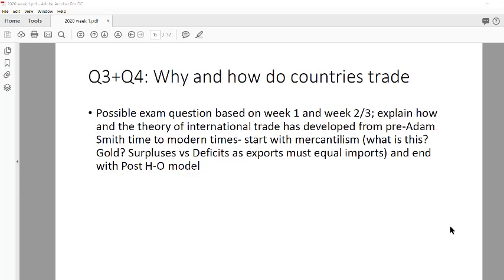As I said, this is a form of a possible exam question, giving the historical changes and why changes would have occurred between models, starting at when there wasn't a model existing, when there was a philosophy of mercantilism, and then maybe discussing why Adam Smith came along, why he gave his concept, and then moving on to why Ricardo came along, why he introduced his model based on what the deficiencies are, maybe with Adam Smith's model.